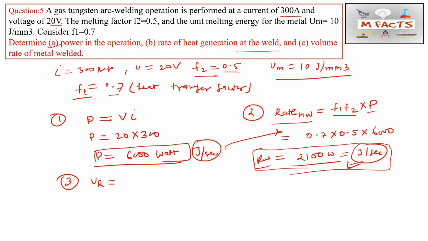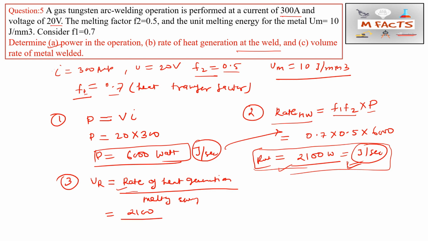There is a direct formula: the ratio of rate of heat generation to the melting energy. The rate of heat generation we calculated in the second part, that is 2100, and the melting energy is also given, that is 10 joule per mm cube. So this will come as 210.